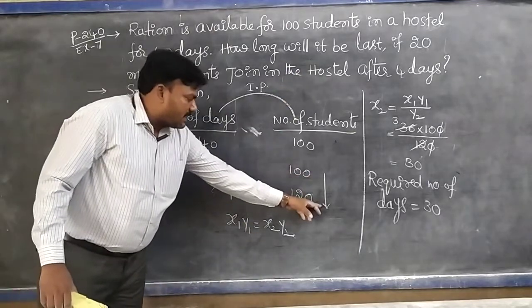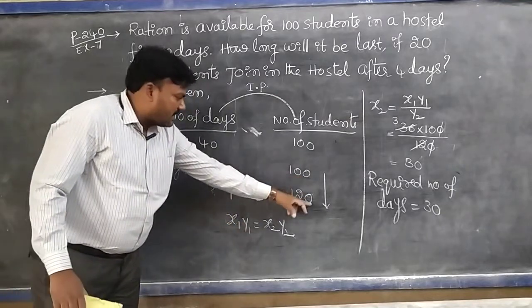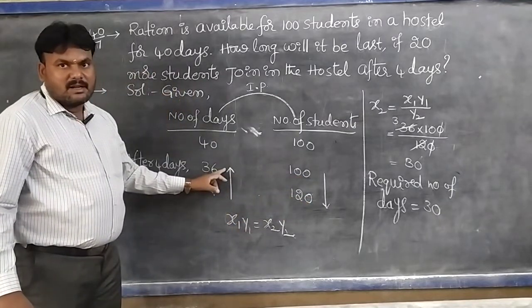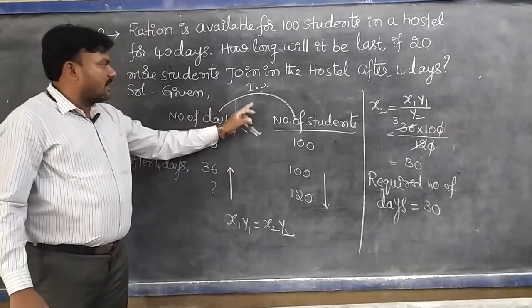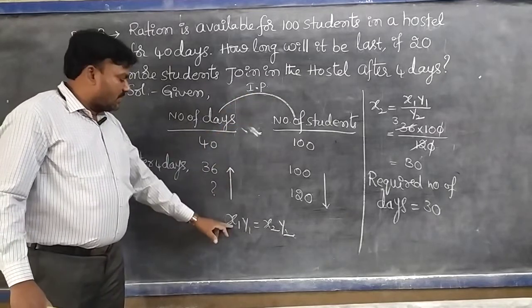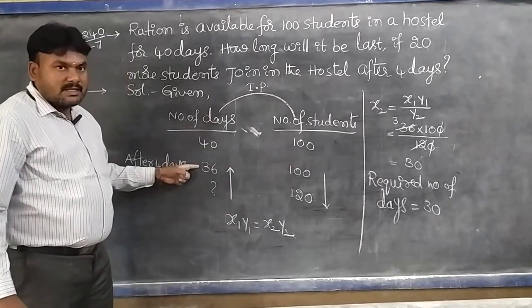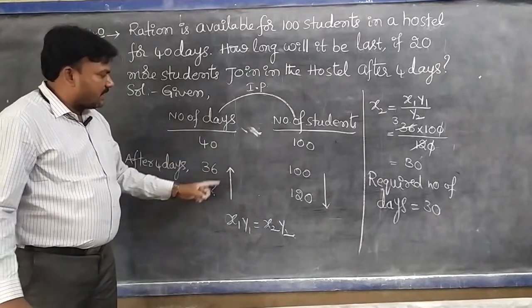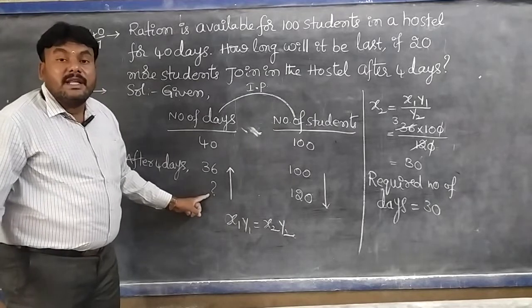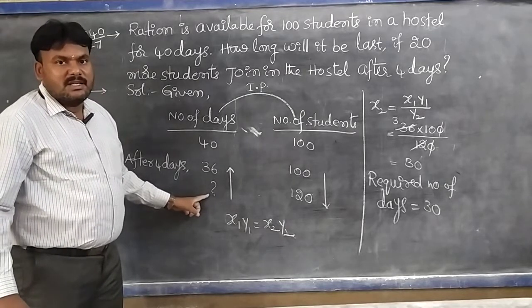Here one quantity is increased, the other quantity is decreased automatically. So both are in inverse proportion. By using the formula, we can get the result, that is the required number of days. Starting with 36 days, automatically if 20 students join, the ration is available for 30 days only. Okay students, it is clear, I thought.